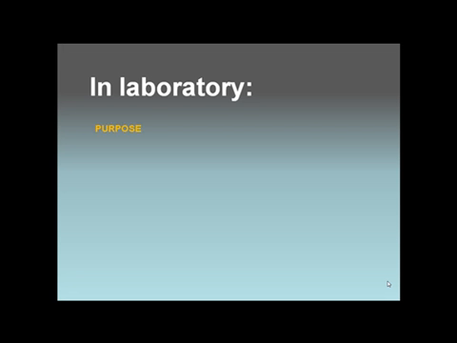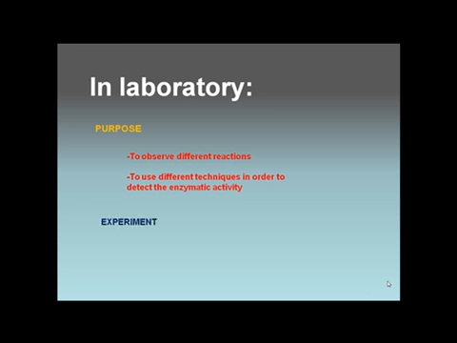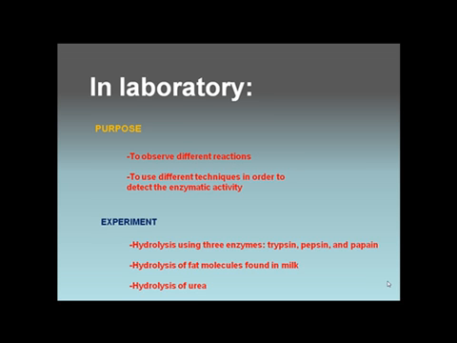The purpose of this lab experiment is, first, to observe different reactions. Second, to use different techniques in order to detect the enzymatic activity. The lab itself is divided in 3 parts, Part A, B, and C. In Part A, you will be doing the hydrolysis using 3 enzymes, trypsin, pepsin, and papain.